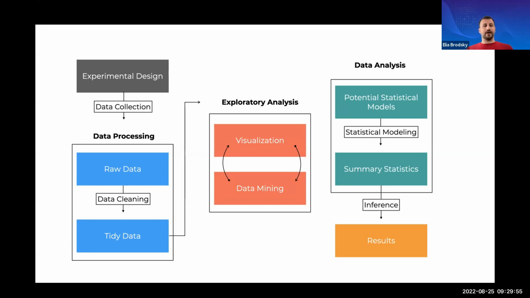Once you get that, the data is processed, right? And processing can mean many different things. In the case of omics data, for example, that means maybe compiling all of the bits and pieces of information into a single table. In this case, we will look at, for example, one-hot encoding of different methods.